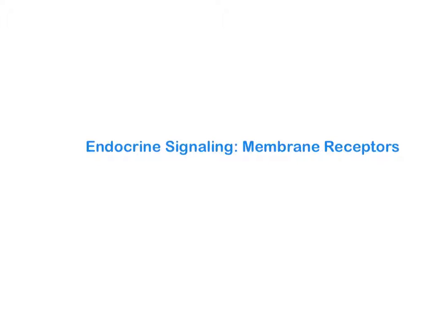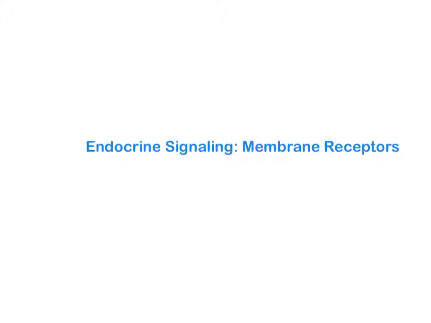In this video, we're going to talk a little bit about the mechanisms of signaling from hormone receptors. Here we're going to focus on membrane receptors, so receptors that the hormone binds to on the surface of a cell, where the hormone never actually enters the target cell. There are three types of pathways that we're going to focus on.